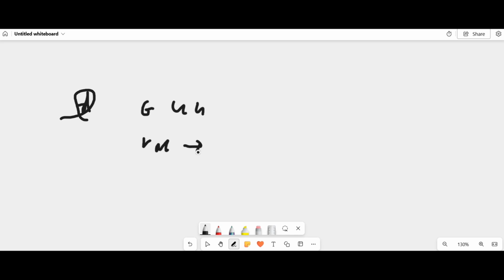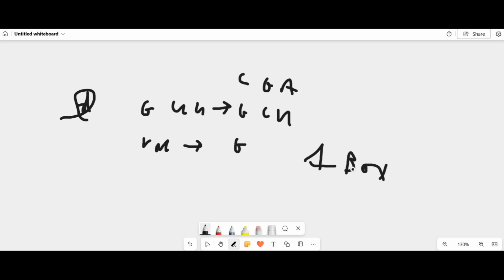And then it turns into, my bad, GCU, which corresponds to CGA in DNA. So therefore it's the first box, box 1. That's going from GUU to GCU, which is the same as going from CAA to CGA, because you have to swap it for RNA.